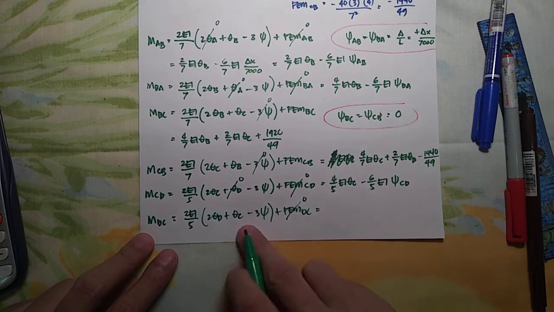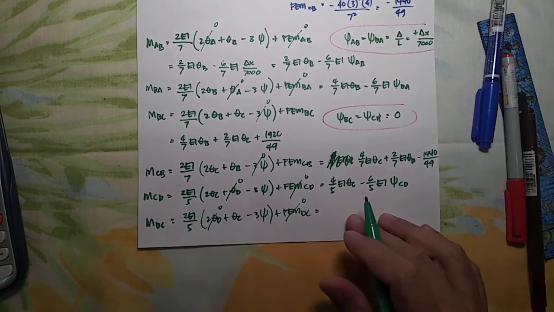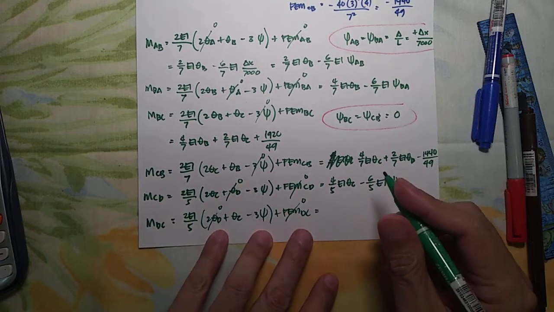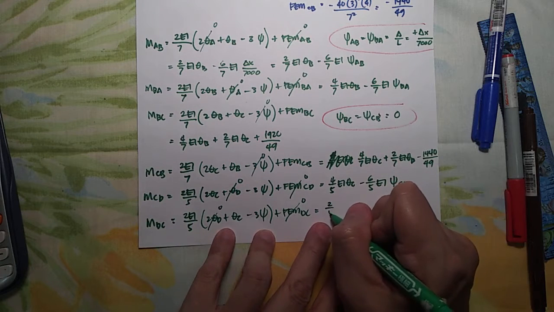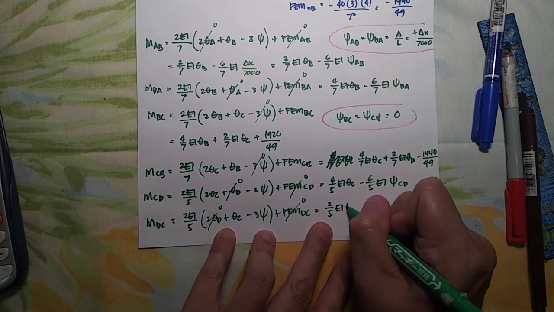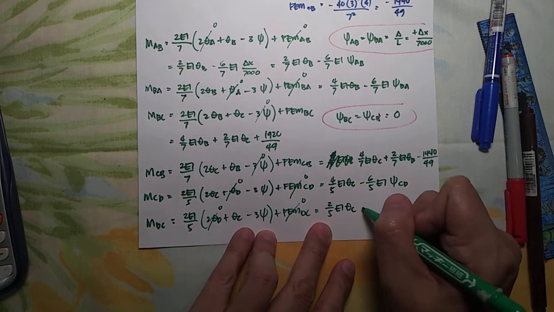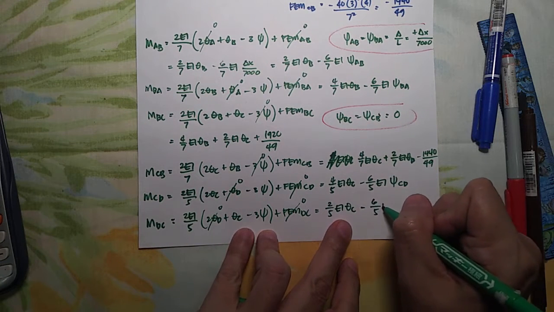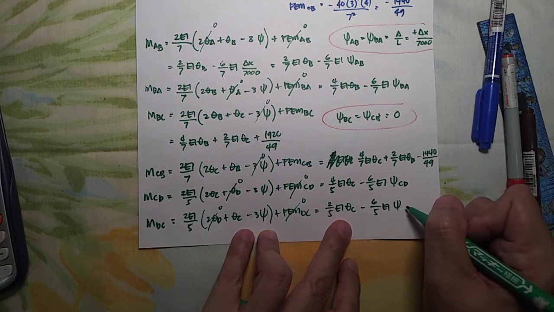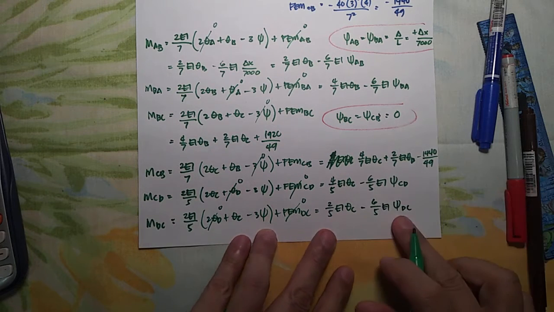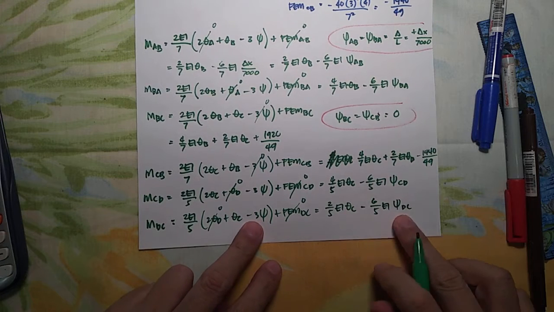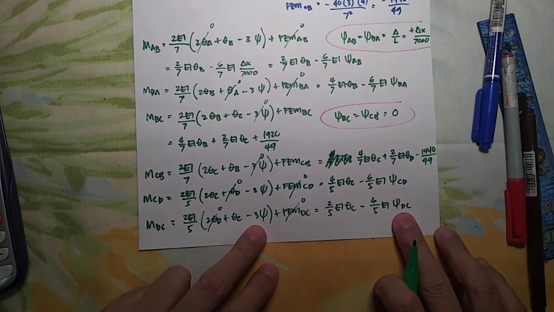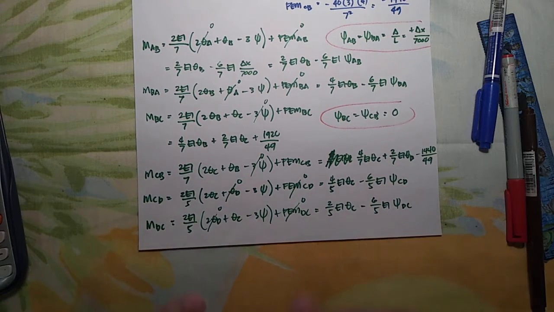Then, the slope at D is 0 also. So, this becomes 2/5 EI theta C, then minus 6 over 5 EI psi for DC. For psi DC, and psi for CD is just equal to psi DC, right?